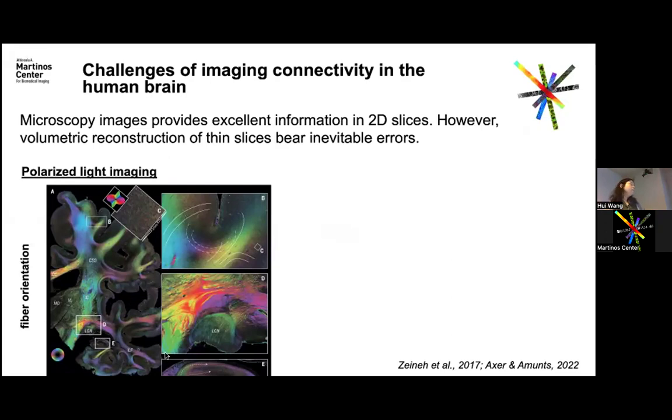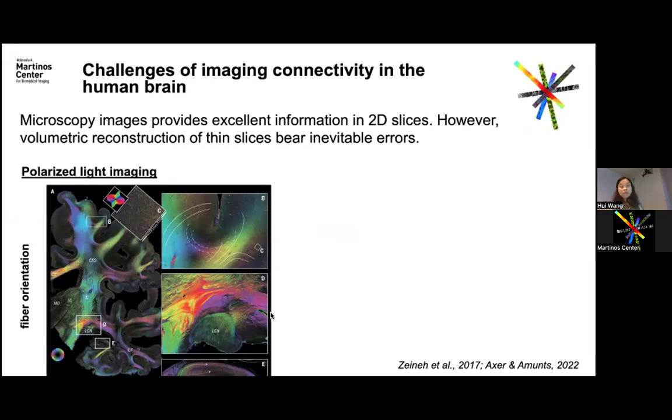Here it shows a polarized light image of one brain slice, where the color shows the orientation of the fibers. When you zoom in, you see that in this slice, this technique depicts the orientation of the fibers very nicely following this coloring.